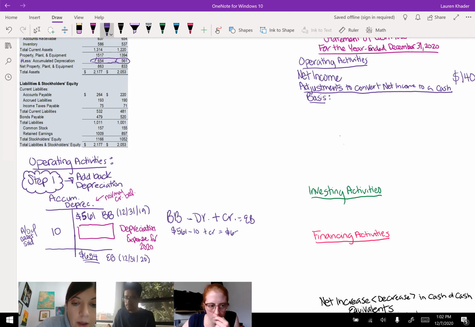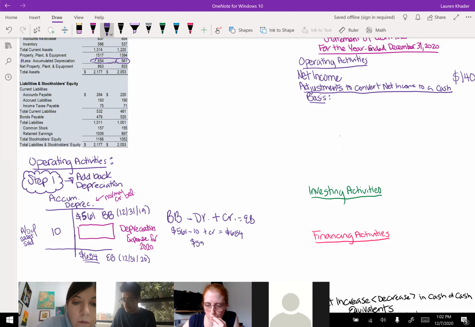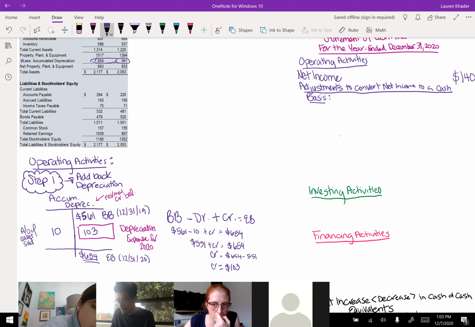Yep, 103 is correct. So I'm just writing it out if you wanted to use the equation. Depreciation expense for the period is going to be added back.